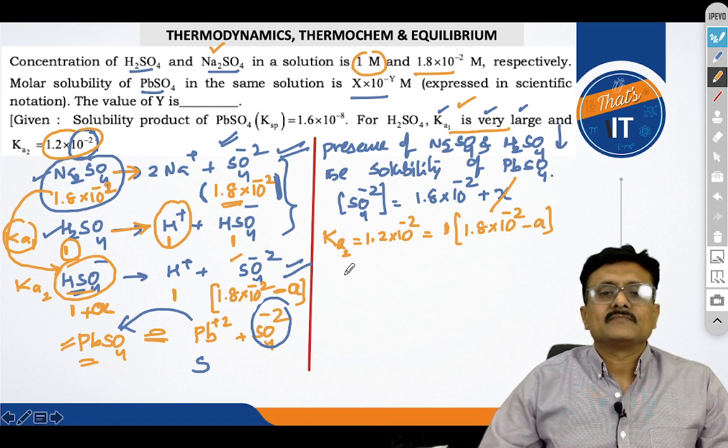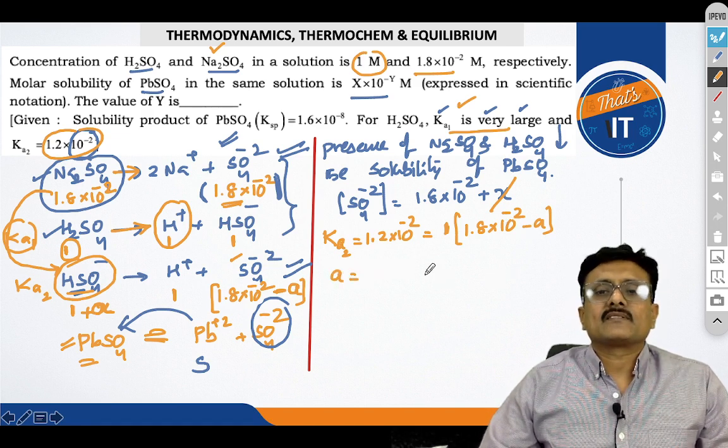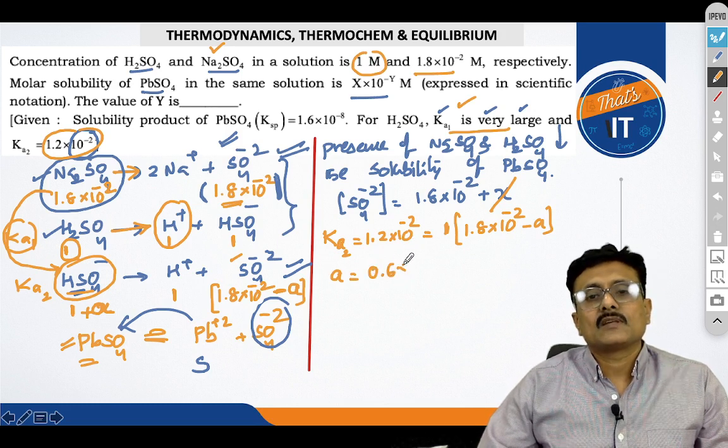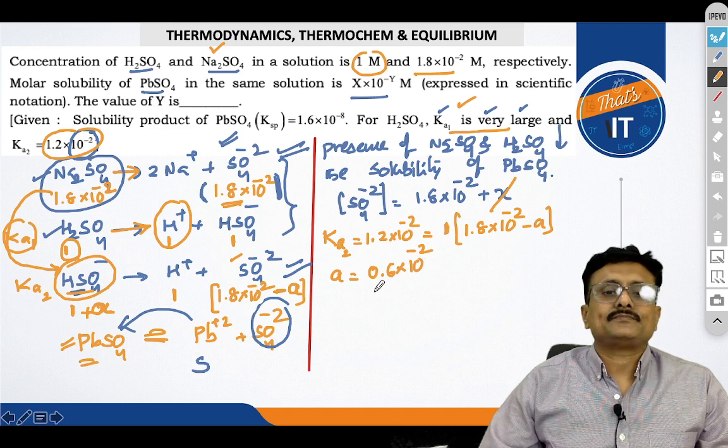Hope you understood. Therefore, the A value turns out to be 1.8 into 10 power minus 2 minus 1.2 into 10 power minus 2, that is 0.6 into 10 power minus 2.